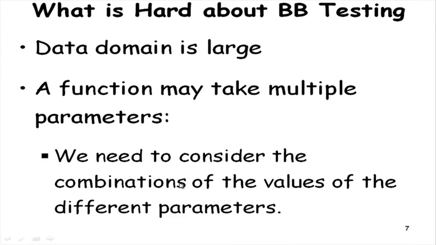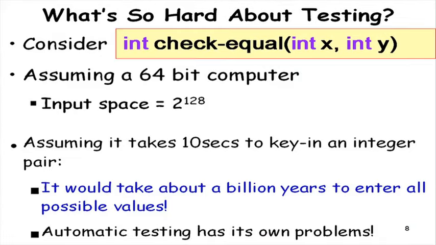We have to check, for each value of one parameter, what the result is when all values of the other parameters are considered. So, that is the combinations of the values for different parameters. This is a hard problem: even with one parameter the number of test cases can be very large, and then typically you will have to consider multiple parameters.